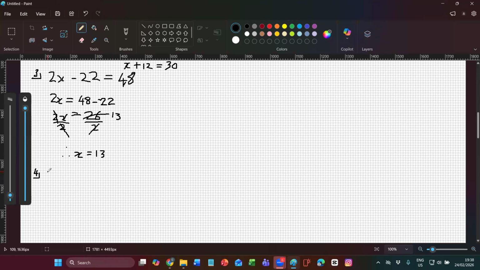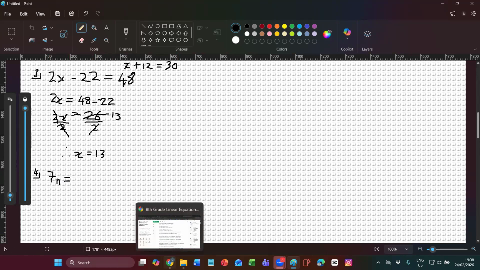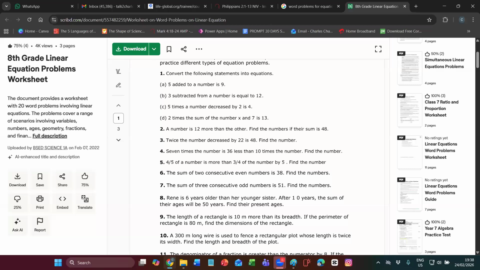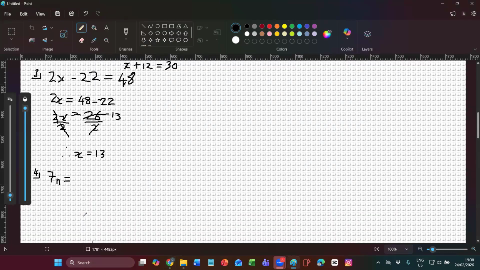I'm going to use n this time instead of x. So 7 times the number n is. You don't need to hear equals to, once you hear is, you can put your equals to. 7 times the number is 36 less than 10 times the number.